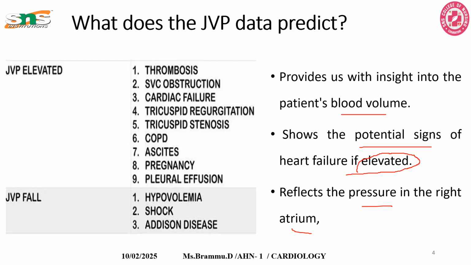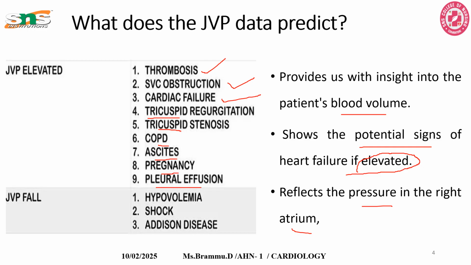In cases such as thrombosis of any arteries or veins, and if there is any obstruction in the superior vena cava, in cases of cardiac failure such as right or left heart failure, most predominantly right heart failure, in valvular problems such as tricuspid regurgitation or tricuspid stenosis, in certain cases of COPD, or in cases where there is elevated fluid inside the intravascular space caused by ascites, or pregnancy where there is hemodilution, or in cases of pleural effusion, a lung disorder.